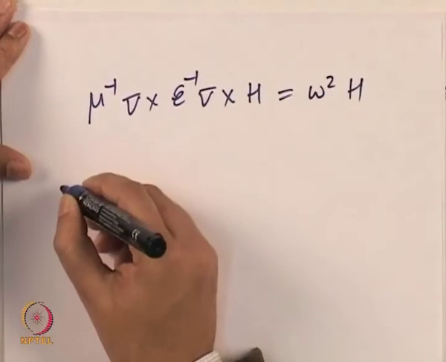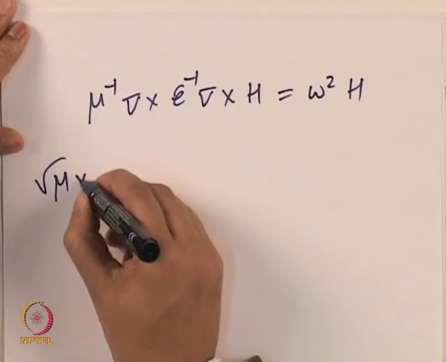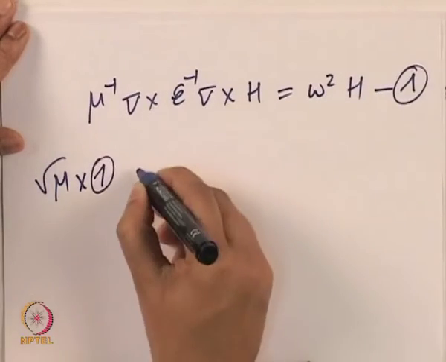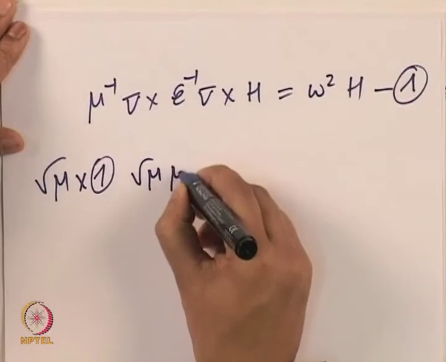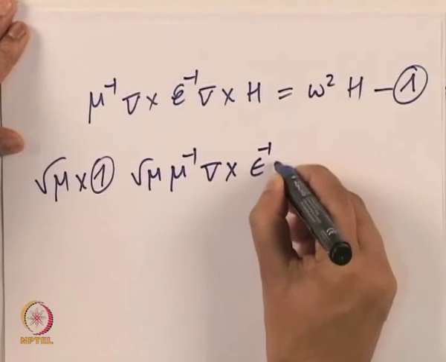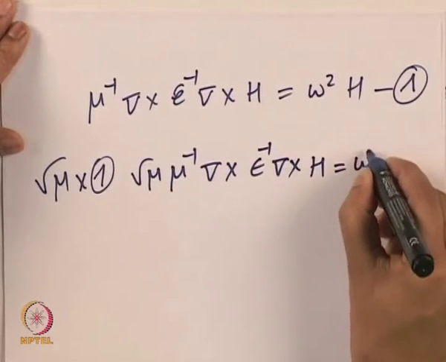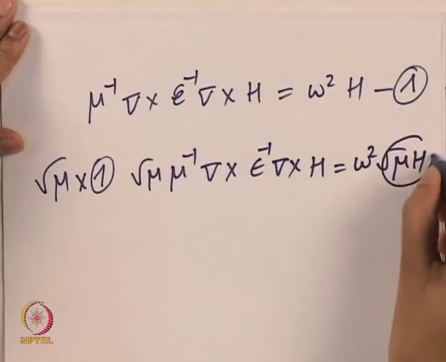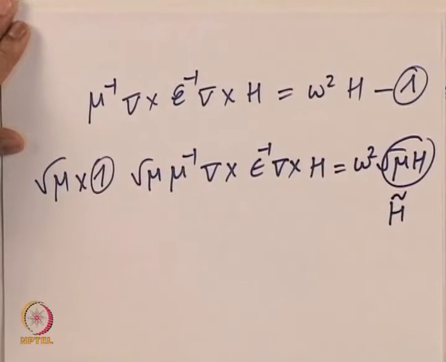So when I multiply this equation, let us call this as 1, I multiply this on 1, what I will get is equal to omega square, and I say this value is equal to h tilde, and that is what I have done here.